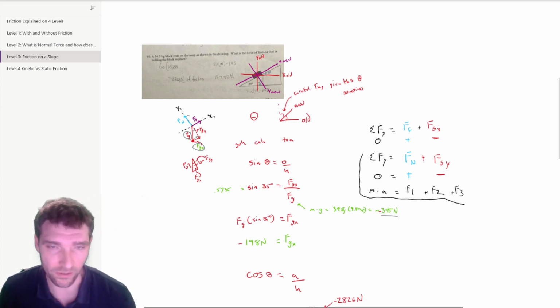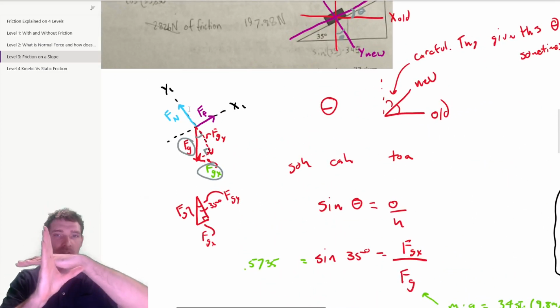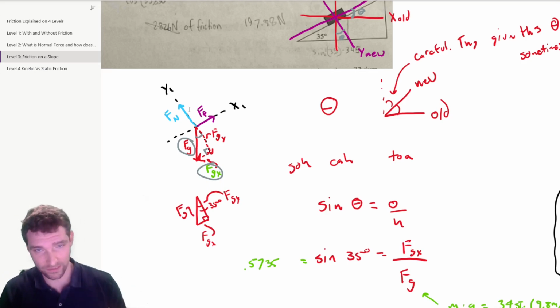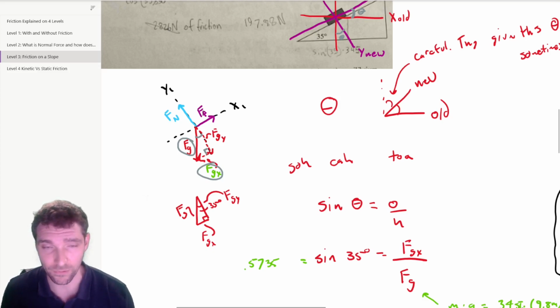And force of friction is always perpendicular to the normal force, so they always are 90 degrees from each other. So the force of friction should be along the plane of the surface, going sideways along that surface, and the force normal just goes straight up from that surface. So just keep in mind that these things are 90 degrees from each other, and that's how you set them up on this type of problem.